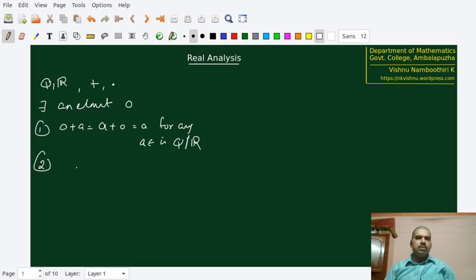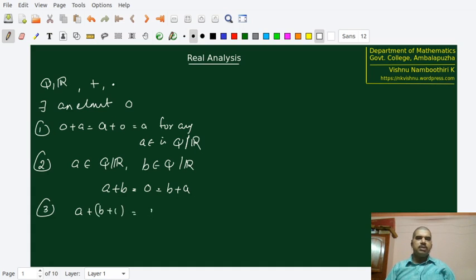Secondly, if we have a in Q or R, we have a b in Q or R, whatever it is, such that a + b = 0 = b + a. This property is satisfied by both Q and R. The third property is that if we have three elements a, b, c in Q, or a, b, c in R, then (a + b) + c is the same as a + (b + c) in both the real number system and the rational number system.